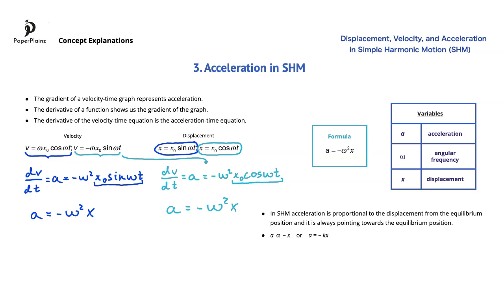We said that k is a constant, and if you think about it, omega squared is also a constant because angular frequency does not change. Therefore we say that the equation a is equal to negative omega squared times x is the defining equation of simple harmonic motion. Let's summarize what we have learned in this video.